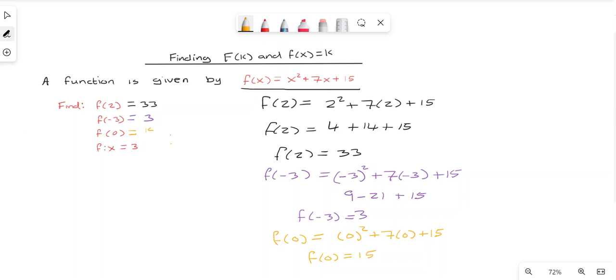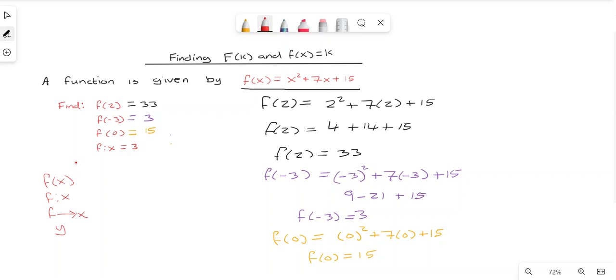And then the last one here, function x. Remember the terminology, we can write this function in a number of ways. So instead of saying function x, we can write it like this, or we can just call it y.